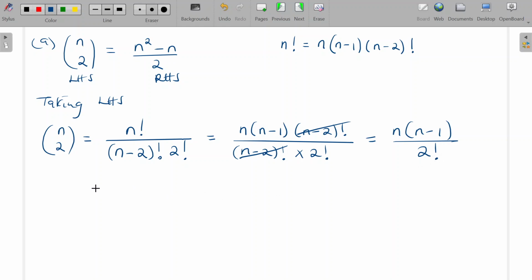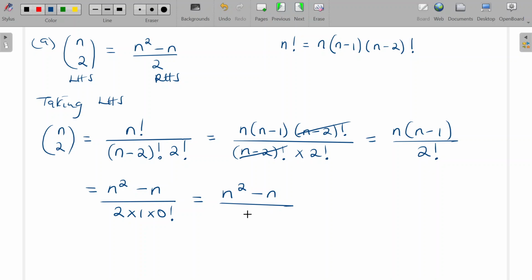So this is equal to, you can multiply now. n times n gives you n squared. n times negative 1 gives you negative n. Over 2 factorial, which is the same as 2 times 1 times 0 factorial, which is just the same as saying n to the power 2 minus n over 2 times 1 times 0 factorial.